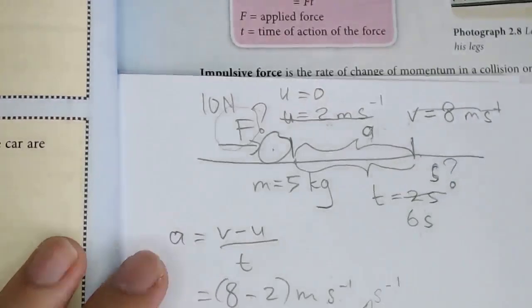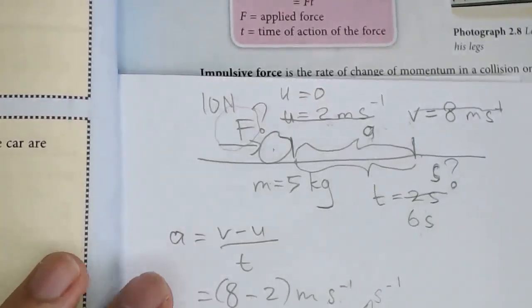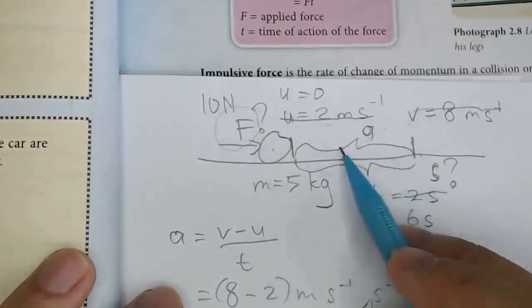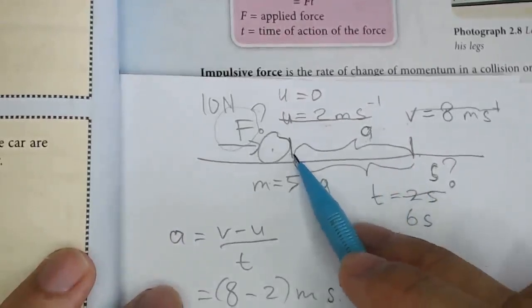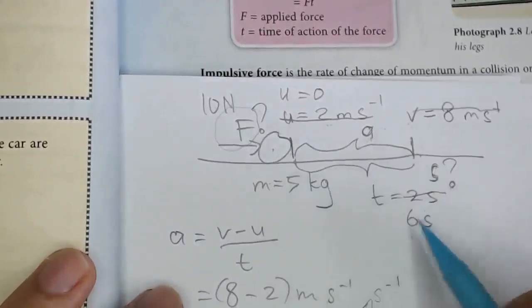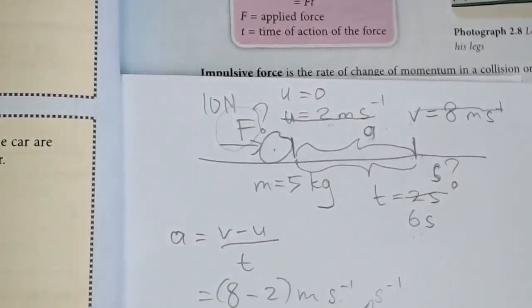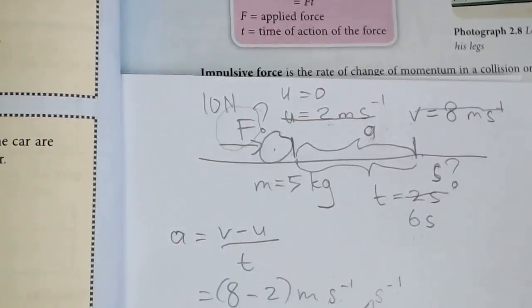So, the idea is how to find the value of S, the displacement, the distance from this point until 6 seconds later. How? Come on, any idea?